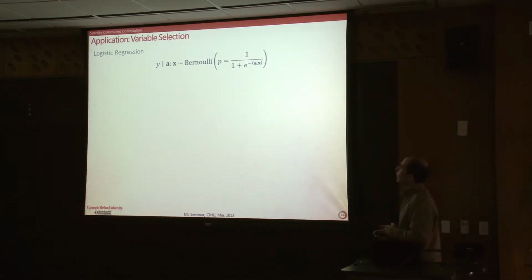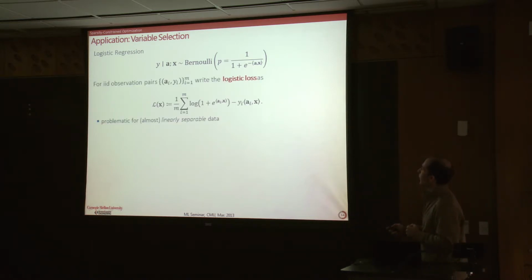So one standard application of this algorithm is variable selection. Suppose that you want to do logistic regression, and we form this objective function, the logistic loss, from m observations. The standard logistic loss has some problems because of the issue with linearly or almost linearly separable data.